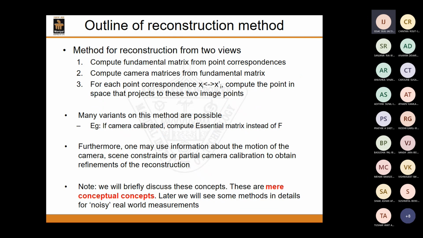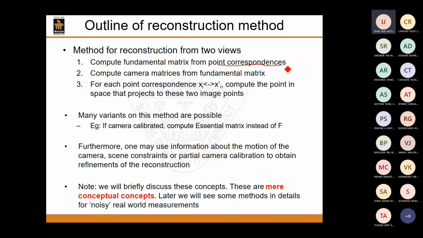So in this kind of reconstruction, as I said, we also compute the camera calibration parameters along with determining the 3D points, right? So we make use of the fundamental matrix.